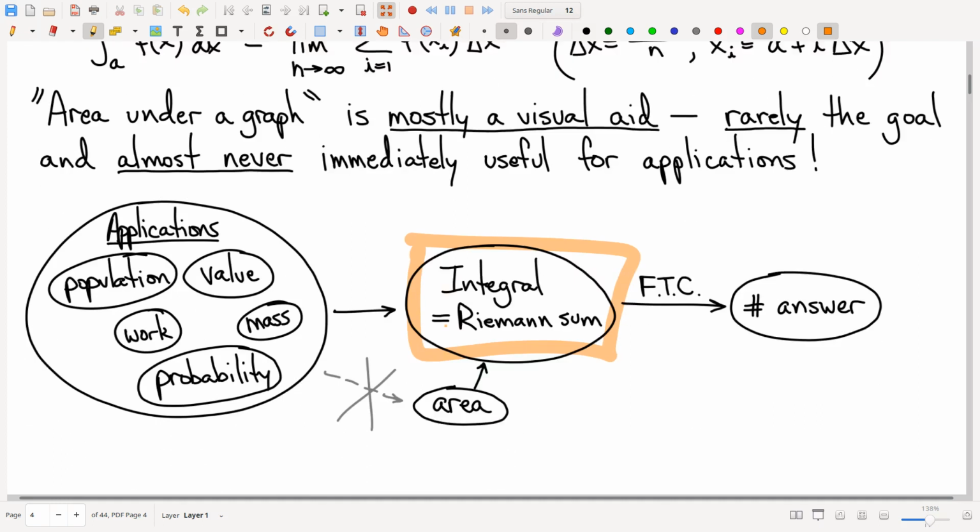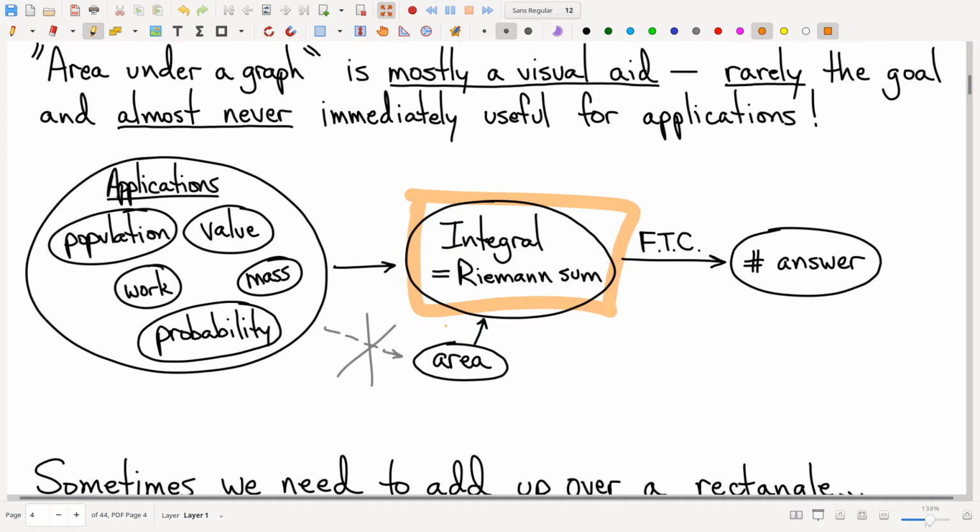The very short version of this, and again, I wish I had time to go through it, is that Riemann sums are something you can directly connect to applications, such as mass. Suppose I want to compute the mass on a one-dimensional rod. Y'all have all seen that example back in Calc 1 or Calc 2: you chop up the rod into little pieces, and on each piece you can talk about mass per unit length times length.